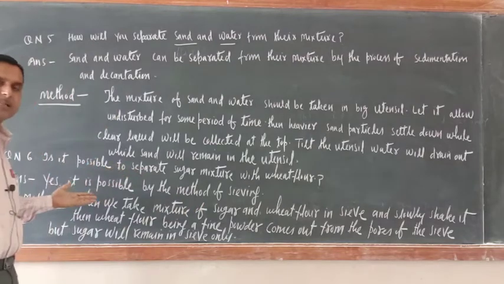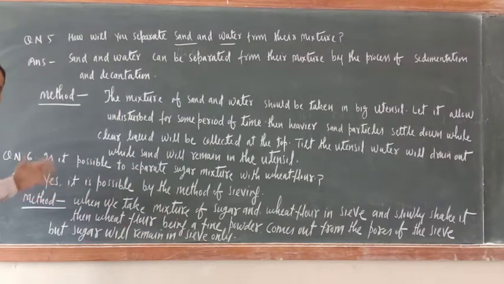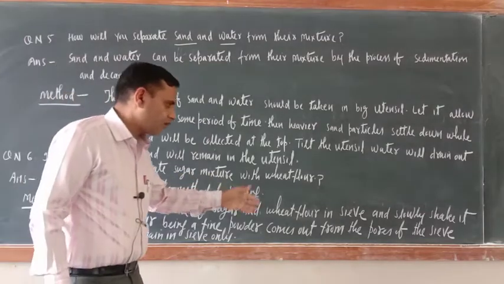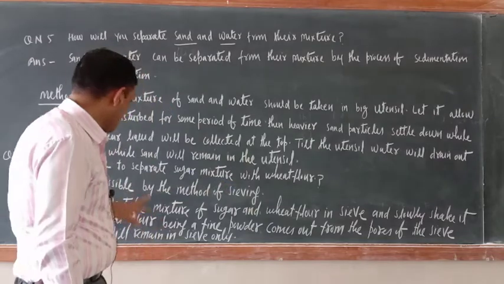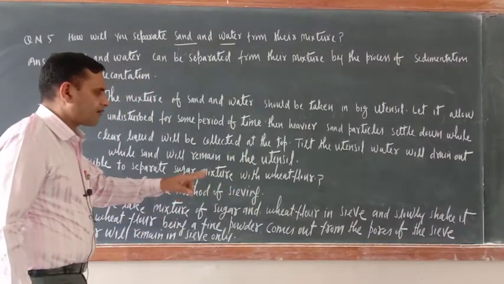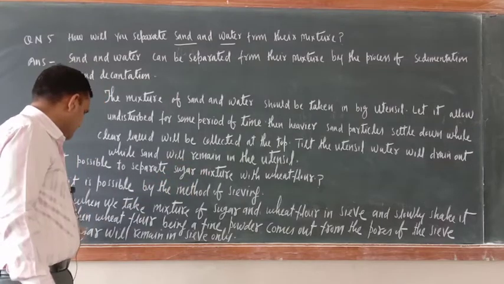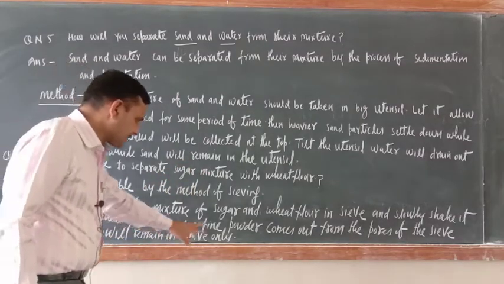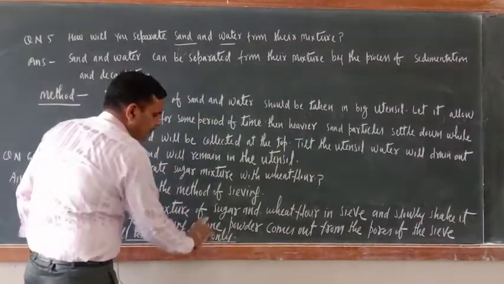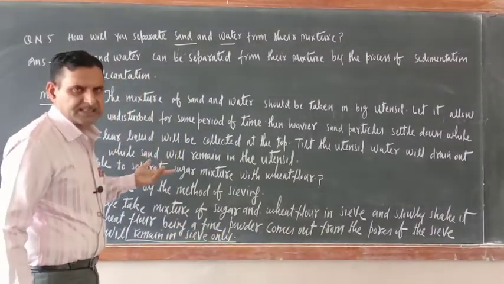So by the sieving method we can separate the sugar particles which are mixed with the wheat flour. Already I wrote the answer here. When we take a mixture of sugar and wheat flour in a sieve and slowly shake it, then wheat flour, being a fine powder, comes out from the pores of the sieve, while sugar, being a bigger particle, will remain in the sieve only. That much answer is there.